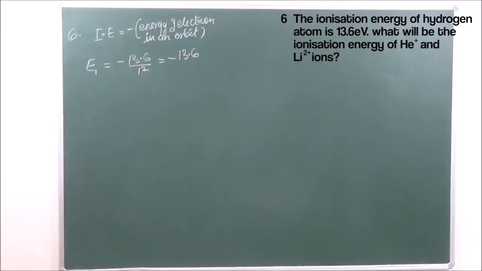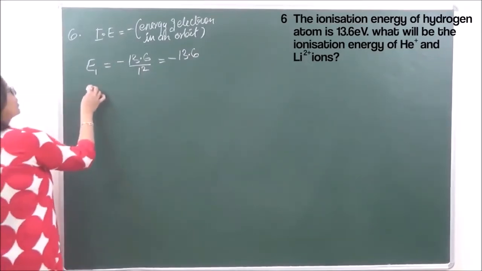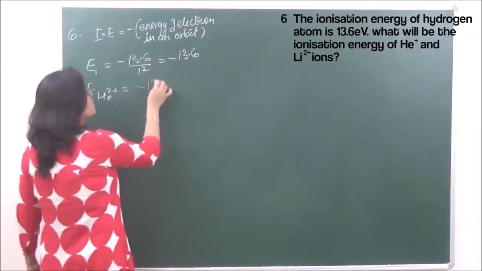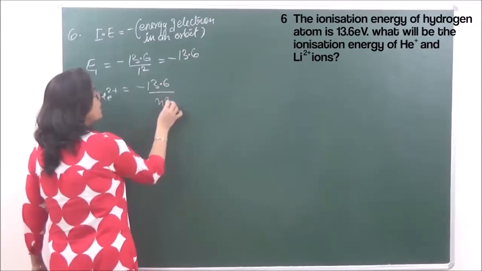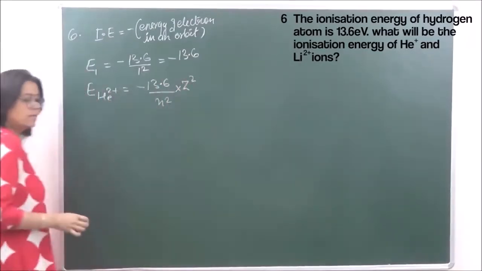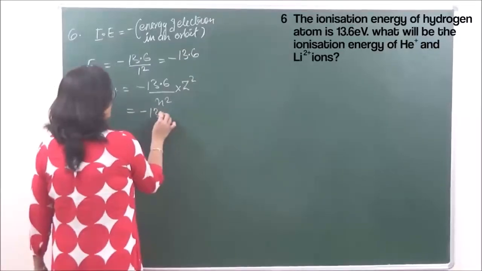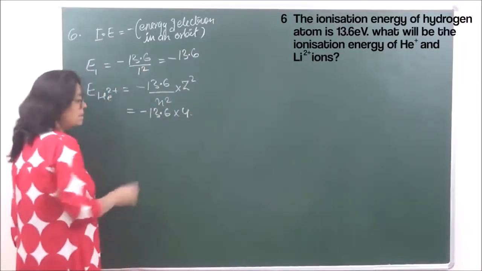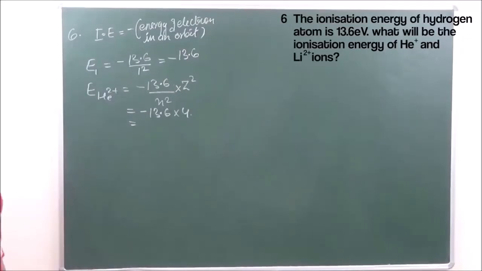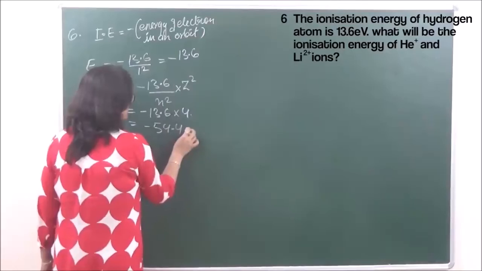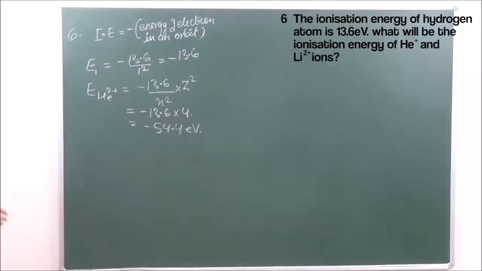In a similar manner, when we're talking of energy of the first orbit of helium, the formula given is minus 13.6 upon n square into z square. Atomic number of helium is 2, so this will become equal to minus 13.6 into 4. When you calculate this, that becomes equal to minus 54.4 electron volt. Got it? This is the energy for helium.